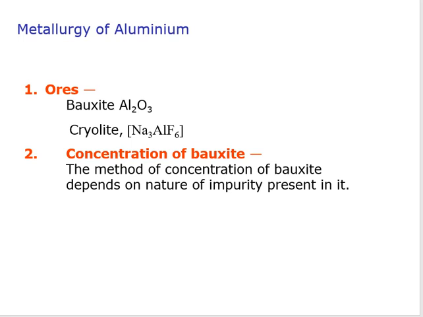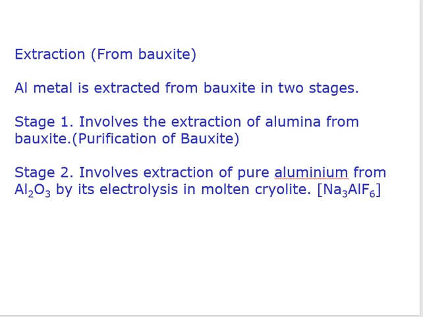Next metallurgy is aluminium. The ore of aluminium is bauxite, along with cryolite. The next step is concentration. The extraction mainly takes place in two steps.